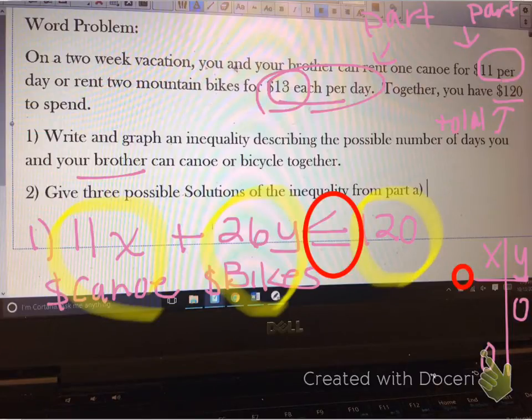Because right now I am assuming that y is 0. So that whole term that I just circled is going away, and that gives us 11x is less than or equal to 120. I'm not going to worry about the less than or equal because we learned yesterday that when we're graphing it, we graph it just like it's an equals. When I divide that, I get 10.9.